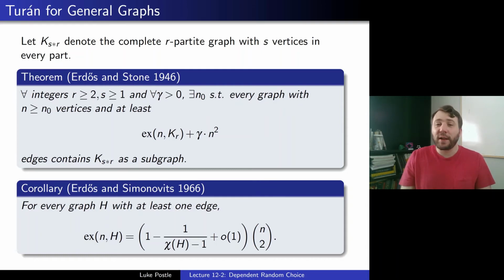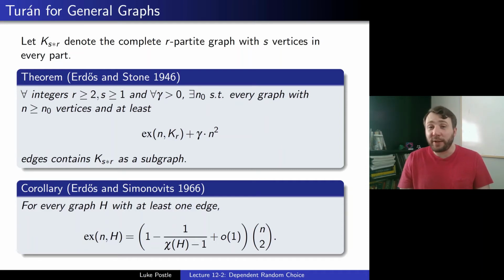So that's quite nice: the Turán number is intrinsically linked to the chromatic number. All these r-partite graphs, these blow-ups, would be that many colorable.